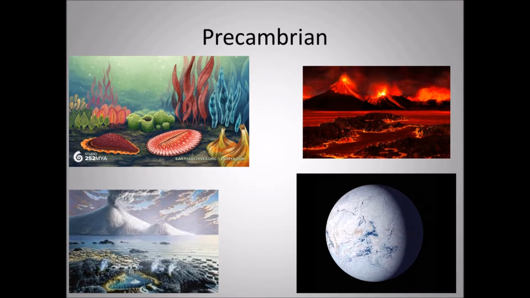In terms of forms of life in the Precambrian, the first bacteria started showing up about 3.4 billion years ago. They probably lived kind of like what you see in the thermal vents of the Earth, where you see really hot volcanic areas in the oceans, and all these forms of life starting to show up there.